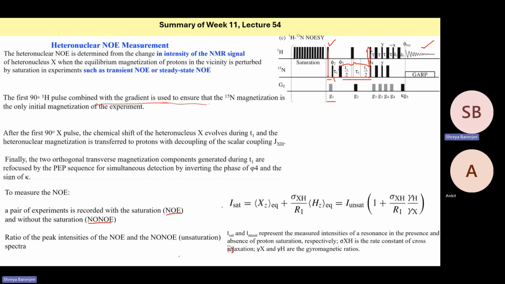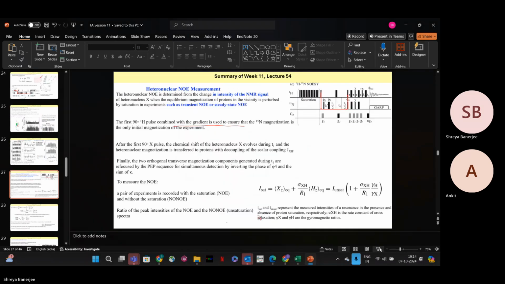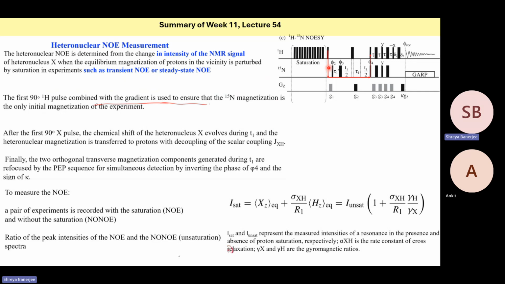So you will get a peak intensity I sat when this saturation pulse sequence is applied, and that is defined by the equilibrium or average magnetization in the Z direction of the X nucleus. So this is the X nucleus, that is the heteronucleus.